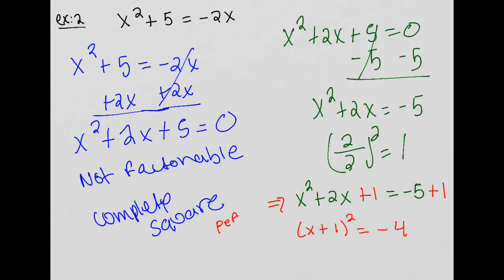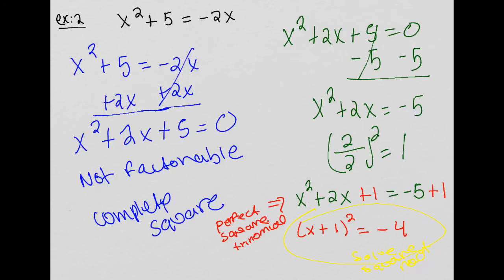It's always good for you to refer to perfect square trinomial. Now from here, I am going to solve using the square root property. I'm going to do that on the next slide.